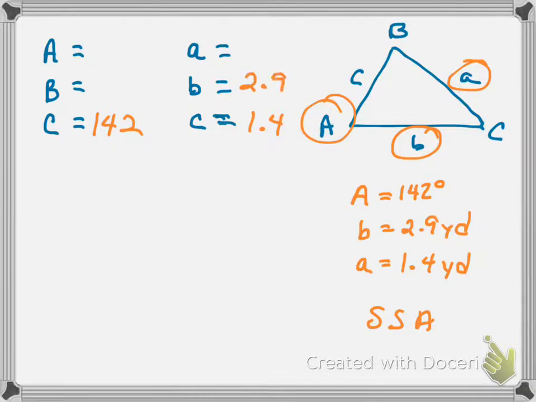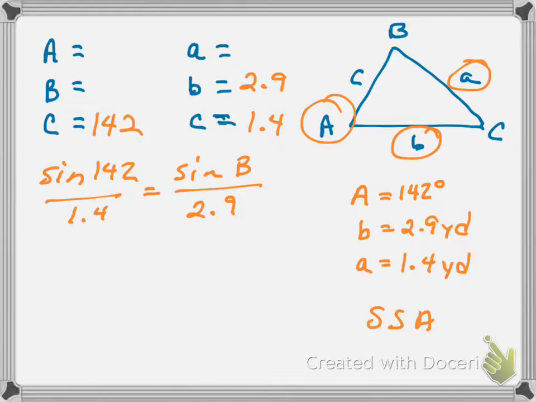Let's group our pair together: sine of 142 over 1.4 is equal to the sine of angle B over 2.9. So this is the case where I maybe will have a second triangle.